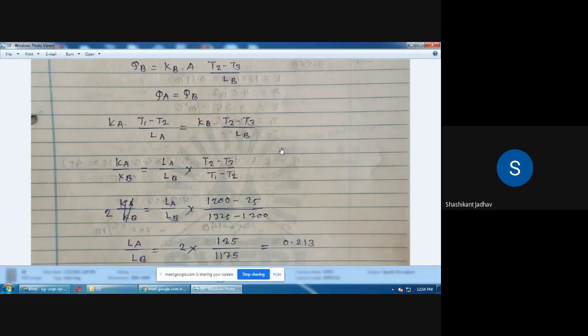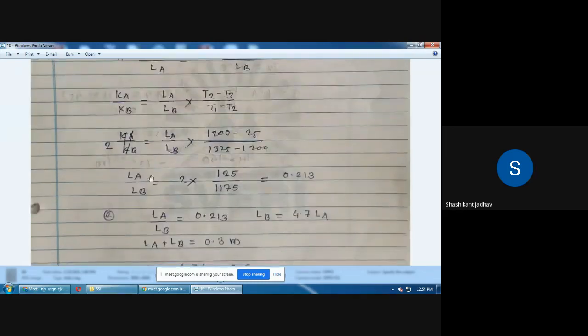Putting these values into the equation, we get the value of LA by LB, our required ratio of thickness, which is 0.213. Okay, so this is the first answer, the ratio of thickness of the two layers.